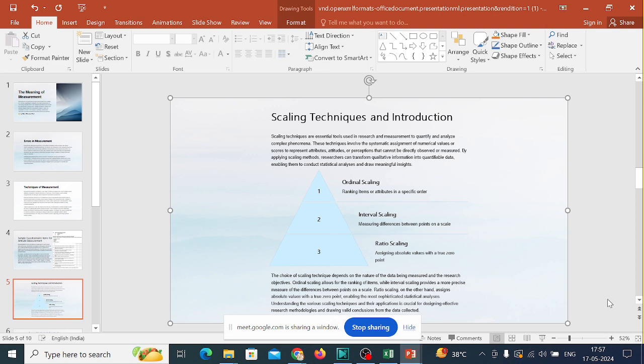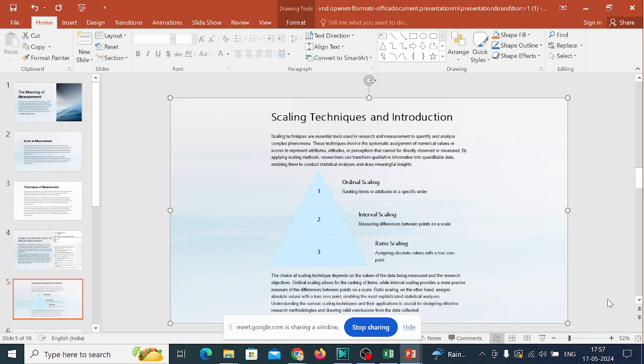On a scale basis, how many points you have acquired. This can be done through interval scaling. And the last one is ratio scaling. Ratio means assigning the absolute value of the particular research you are doing. This comes under ratio scaling.